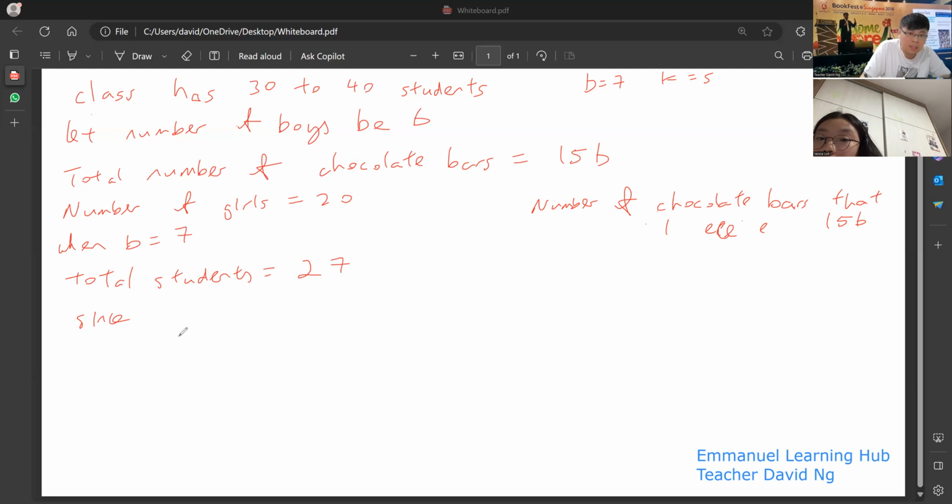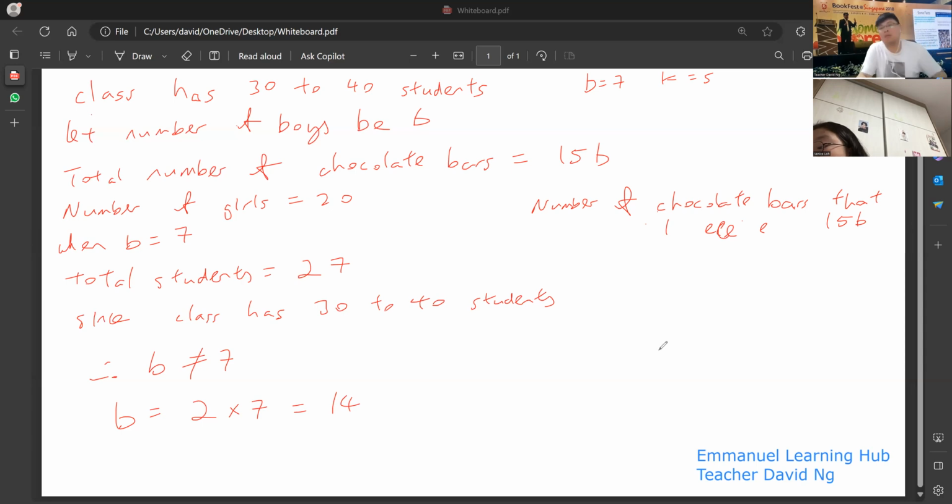Since the class has 30 to 40 students, therefore B cannot be 7. So B must be the next multiple of 7, 14.